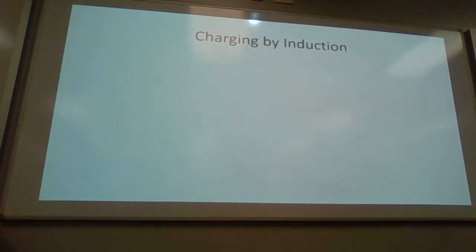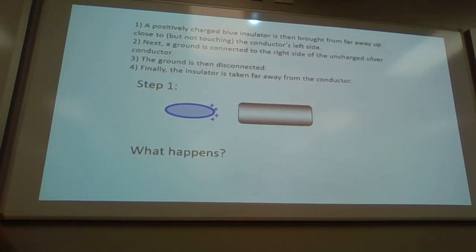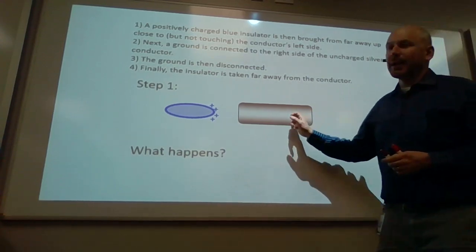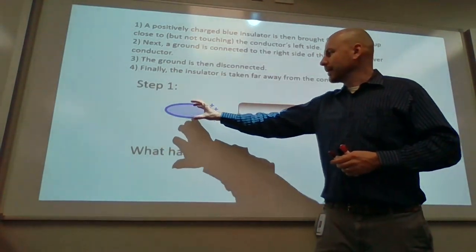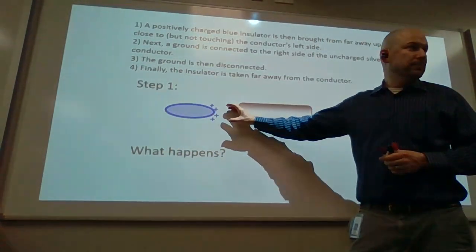Okay. All right. So the third way is charging by induction. This is an involved process, so I'm not going to write anything until after I go through the example. It has multiple steps. Step one: we have our neutral conductor, and we bring a positively charged object near.